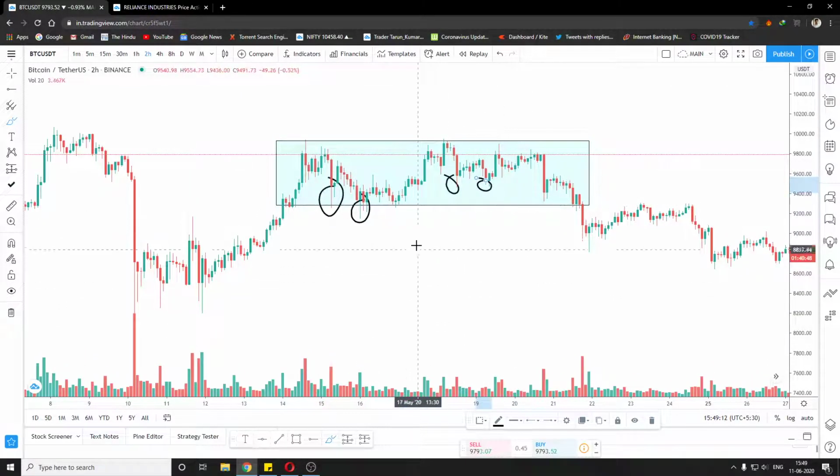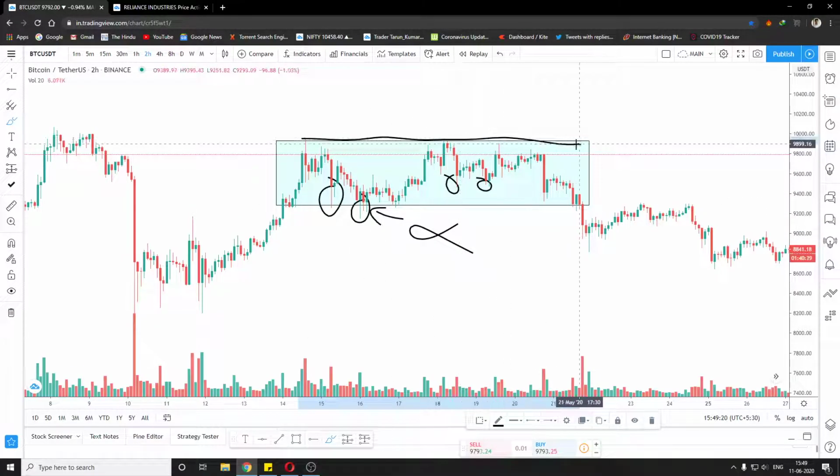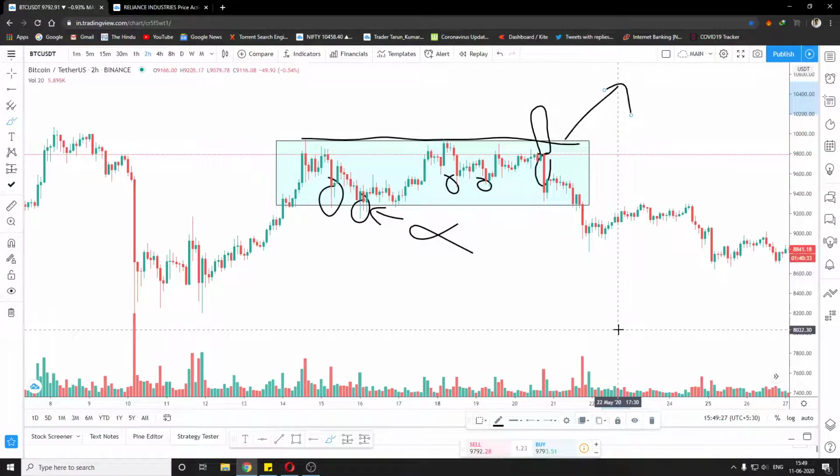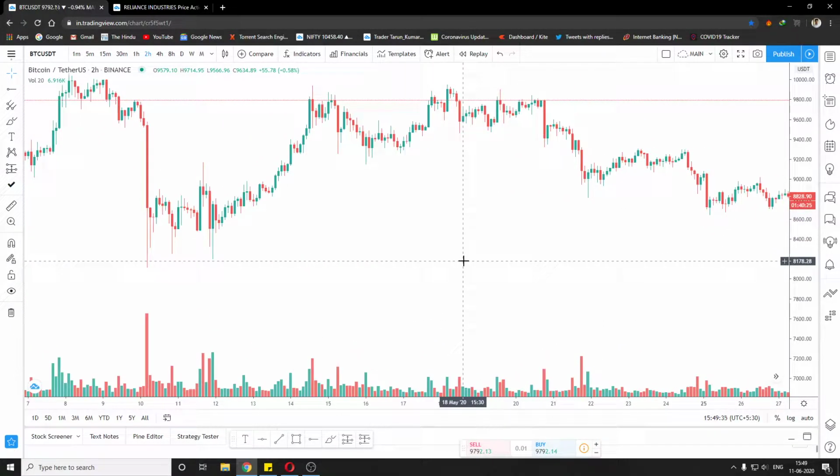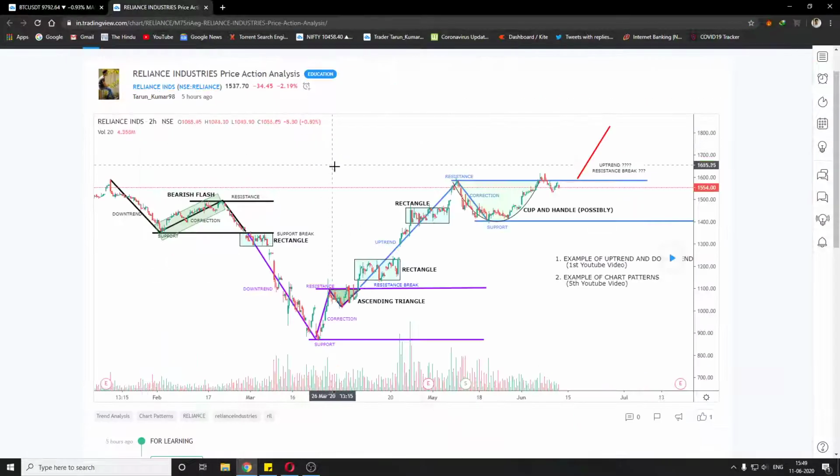But if we just bought looking at these candles, we would have lost the trade because we have to wait for the resistance to break. For example, if this candle was something like this, then we would buy and the market would keep going up. So this is the concept of volume. There is a lot more to it, but I think I have given some idea of how it works.